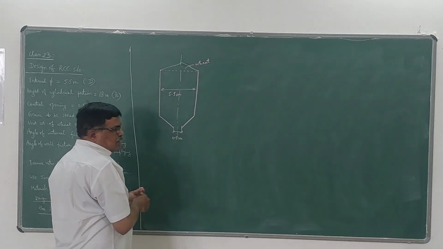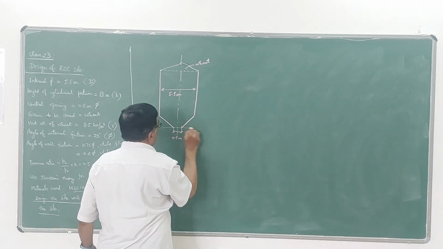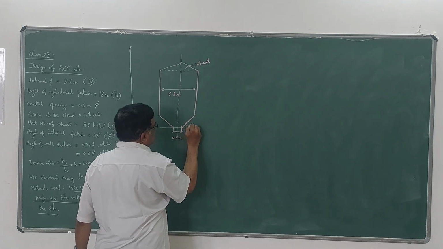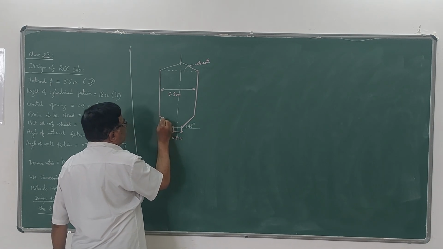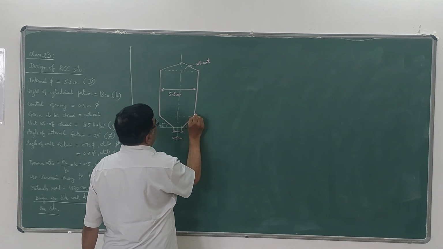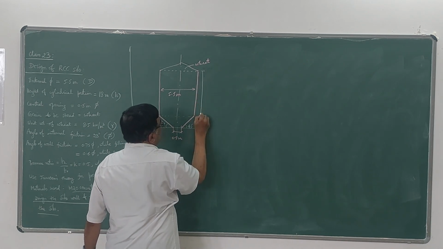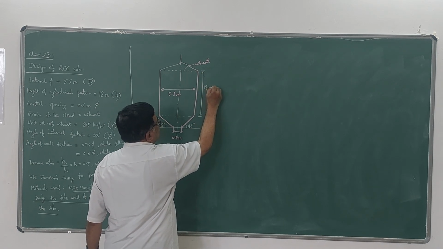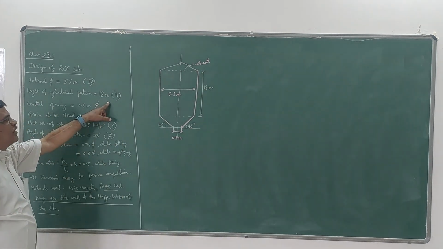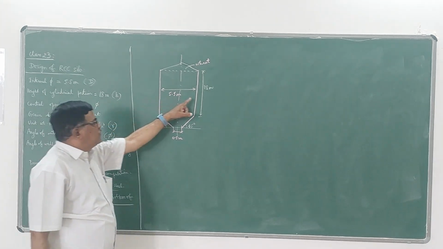And normally this angle is taken as 45 degrees on both sides. The height of the cylindrical portion he has given as 18 meters. That is the H value, and this is the D value.